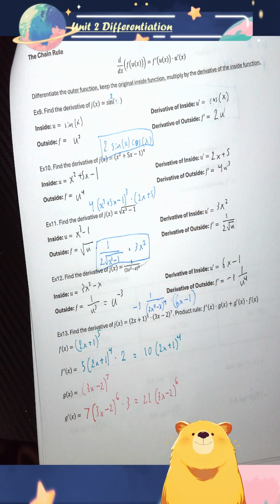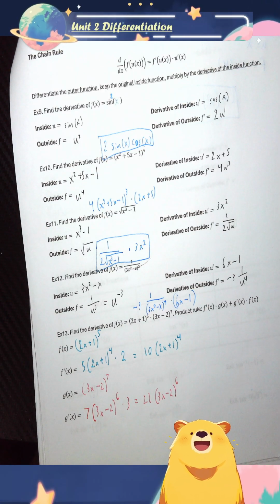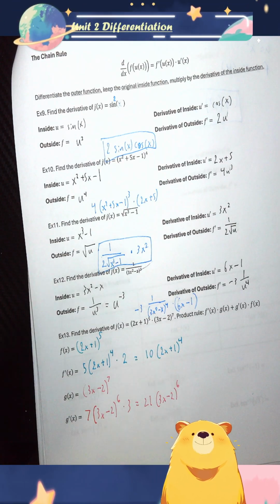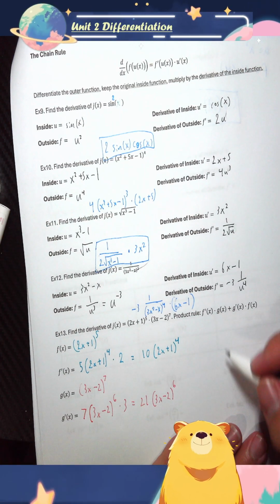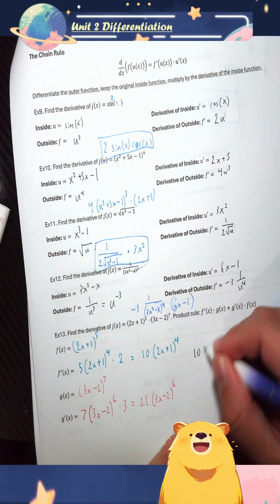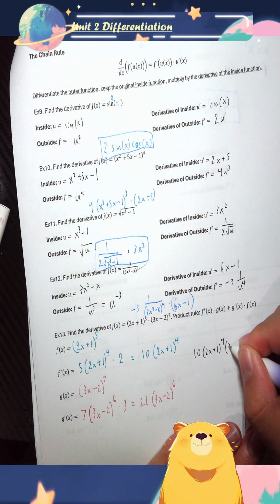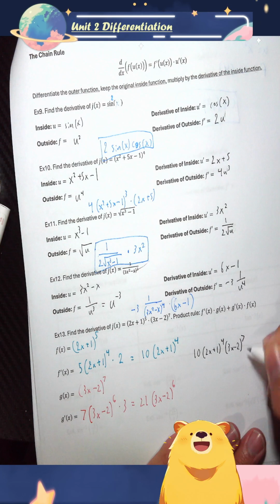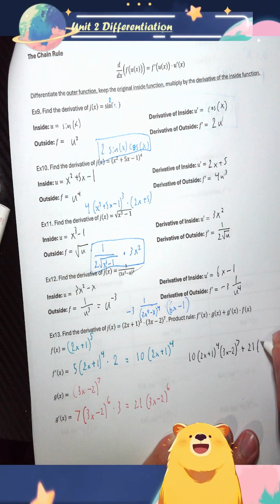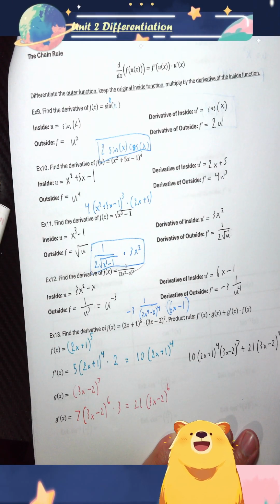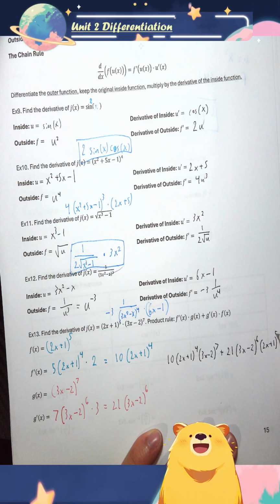Okay. Now from here, you're just going to go ahead and do the product rule. So let's do the product rule. We have 10 (2x plus 1) to the power of 4 times (3x minus 2) to the power of 7, plus 21 (3x minus 2) to the power of 6 times (2x plus 1) to the power of 5.